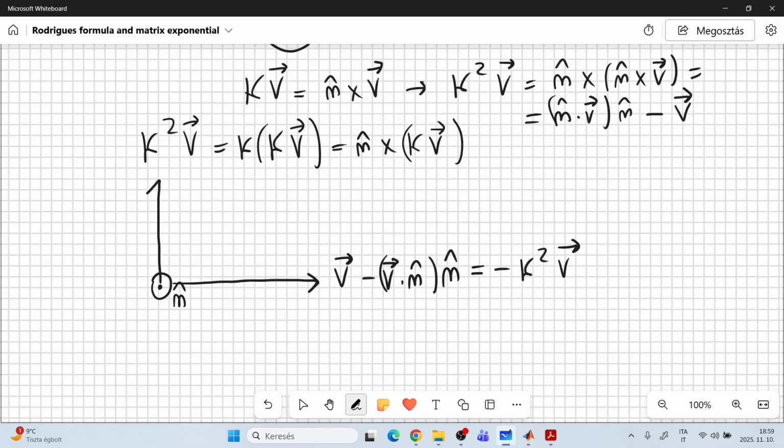And then we have another vector that's perpendicular to the other two. We can think that this is on the same plane as this one. So we have a plane here, and then n would be perpendicular to the plane. And this one here is also a right angle between this vector and this other one, which is n cross v, or if you want kv.